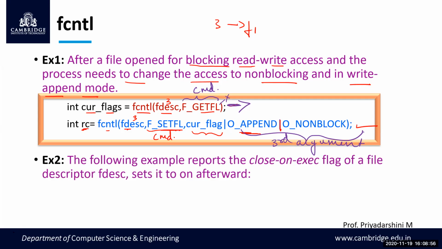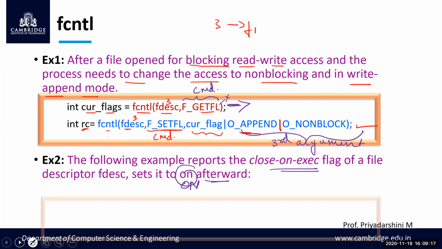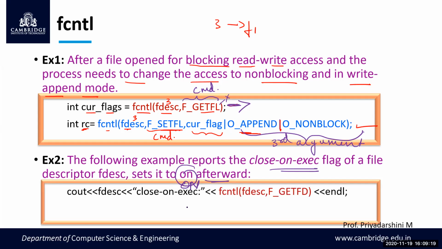Example, the following example reports the close-on-exec flag of a file descriptor, FDESC, and sets it to on afterwards. So now I am working on the close-on-exec flag. What is it saying? I want to check whether the close-on-exec flag is there. If it is not there, then I should set it on. So now I'm just checking.